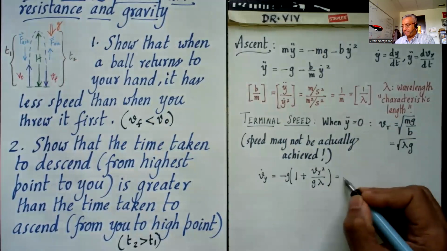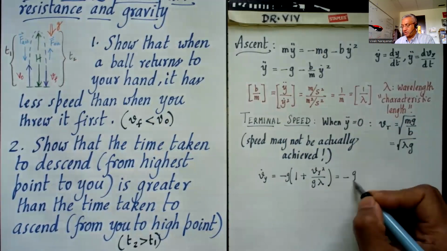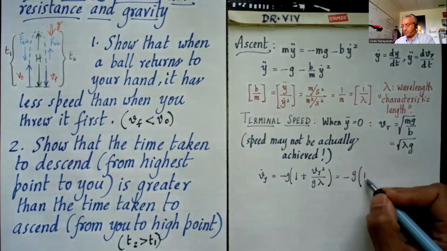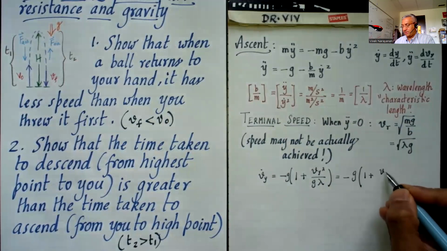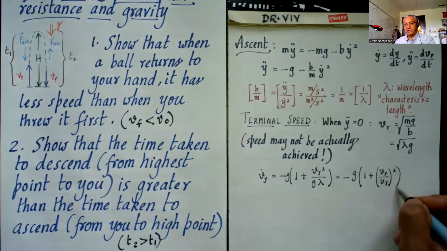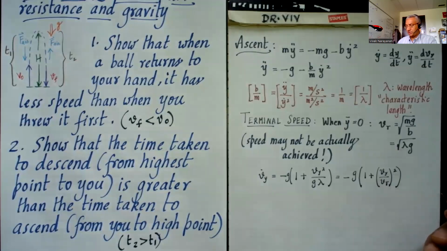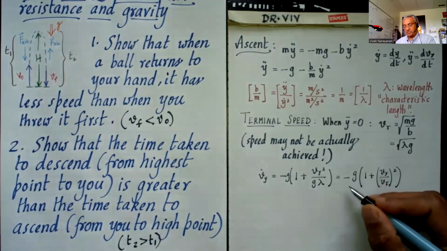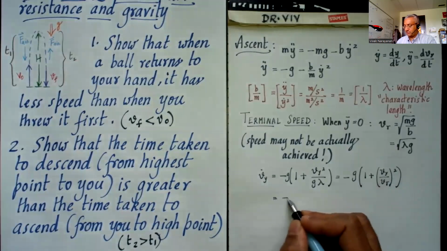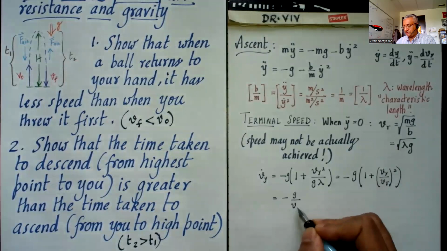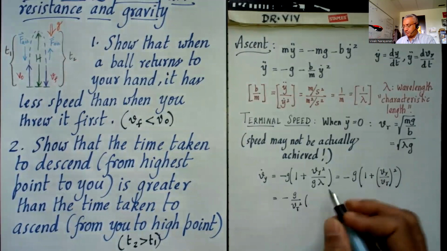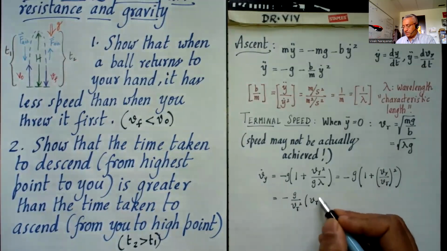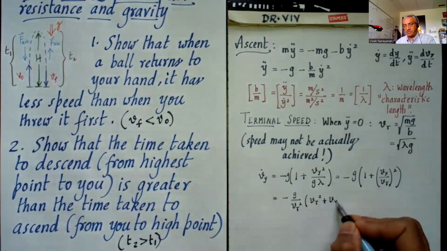So I actually have negative g times 1 plus vy over vt squared. That looks really cute. I'll do one more simplification. I'll take a vt squared outside. So I get negative g over vt squared times vt squared plus vy squared.